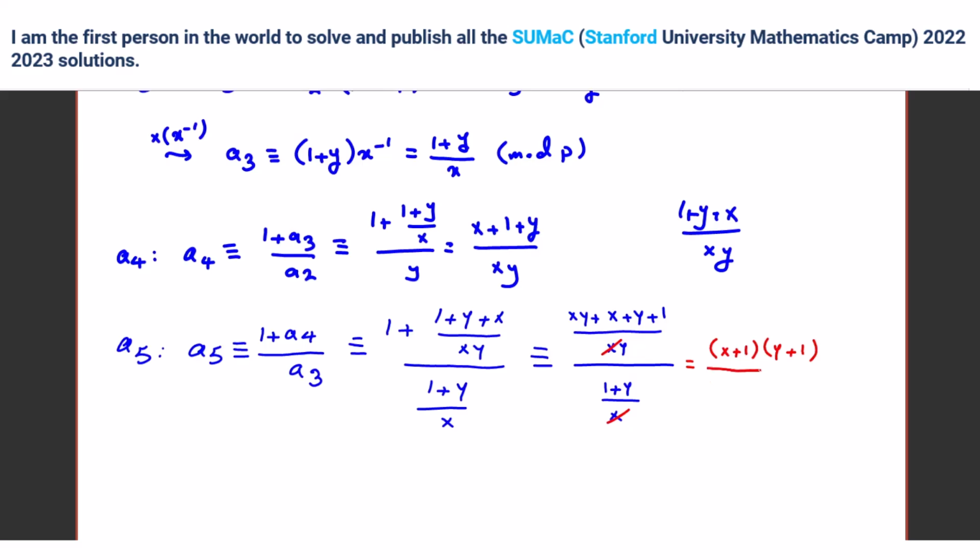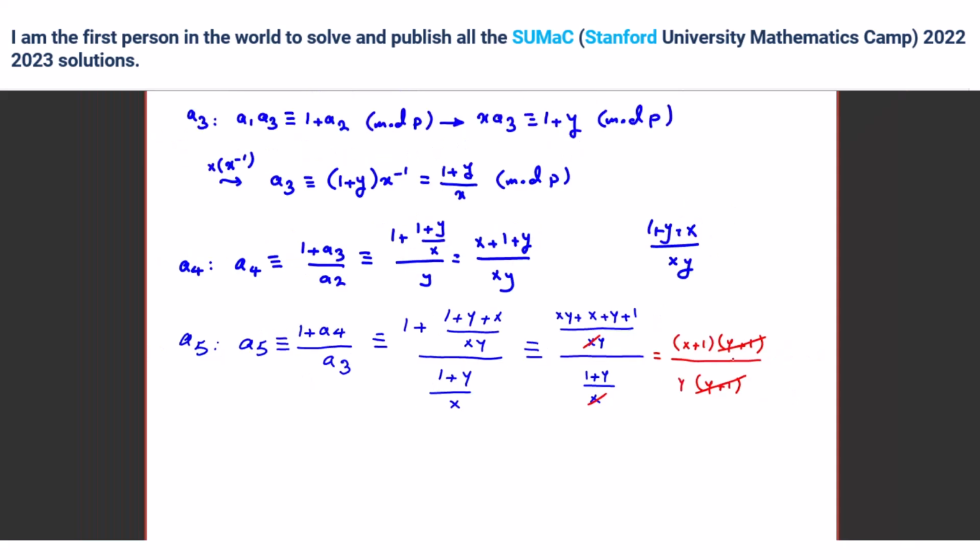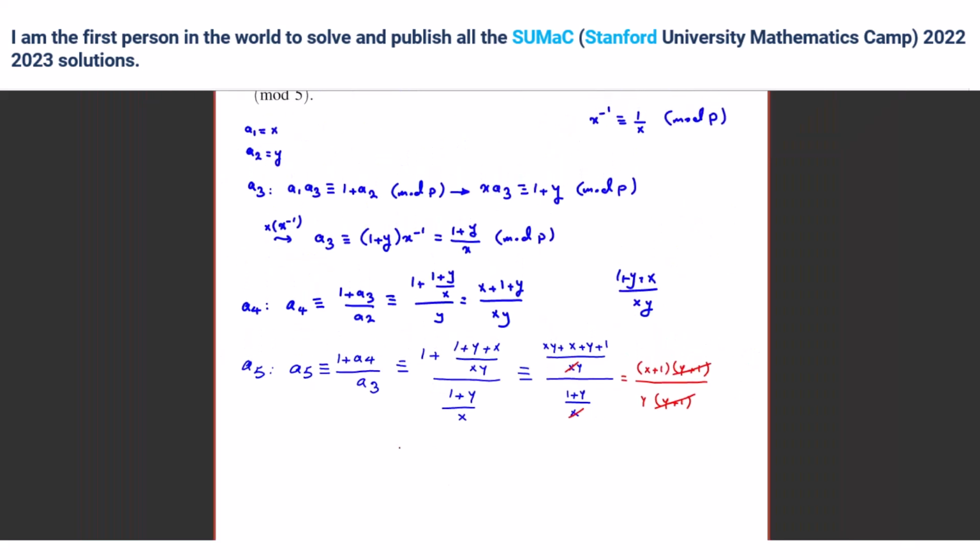Okay, I didn't see that. So we can cancel them, right? So x plus 1 over y. So A5 is x plus 1 over y, right? Mod p.